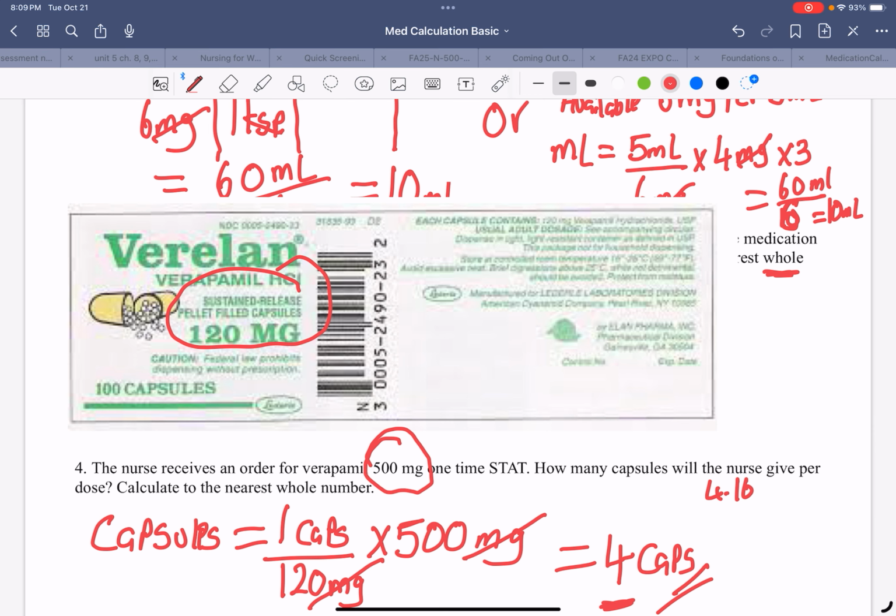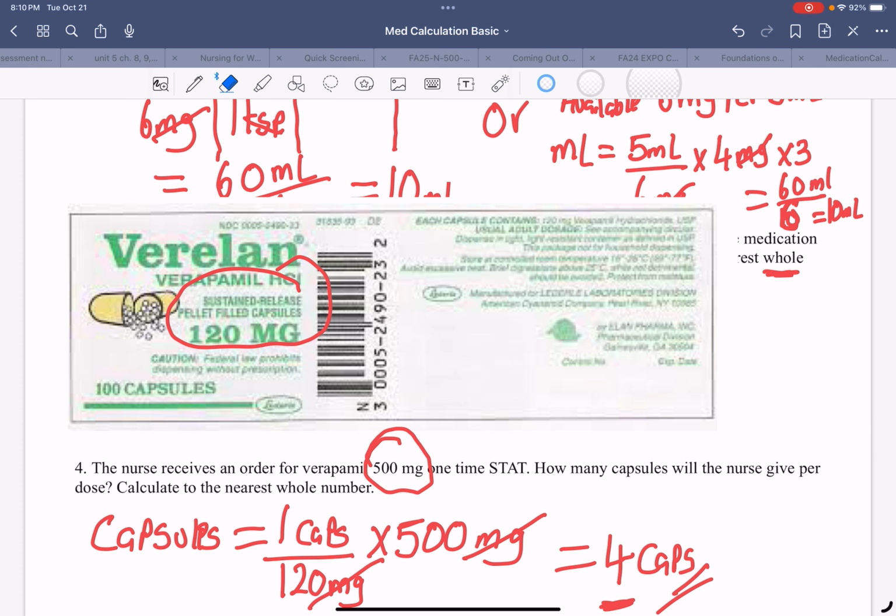So it's very important to read the question in terms of how many capsules we give per dose. But if they ask you how many capsules the nurse would need in order to fulfill the prescribed order, then it won't just be 4. So you've got to be careful, especially when it comes to your rounding. So in this case, when somebody asks me that, I'm going to say you need 5. Then you can split the 5th capsule in order to fulfill that 1.7.